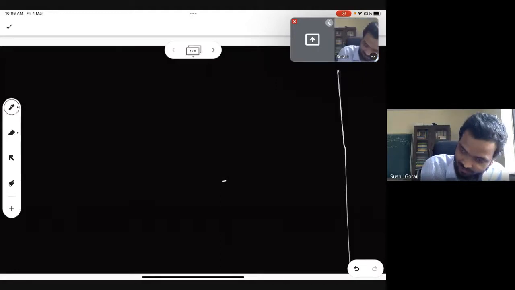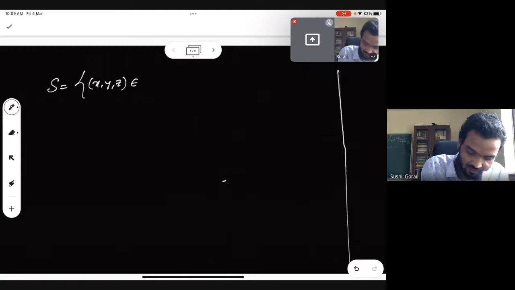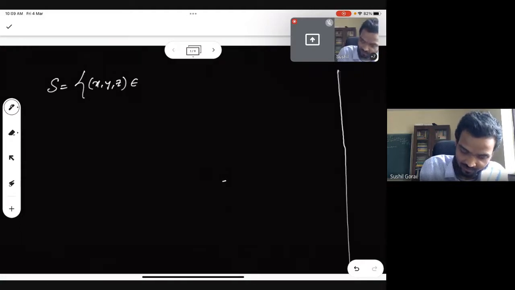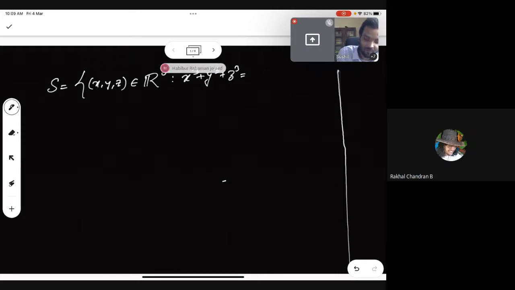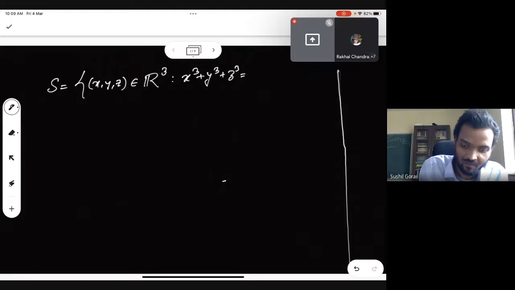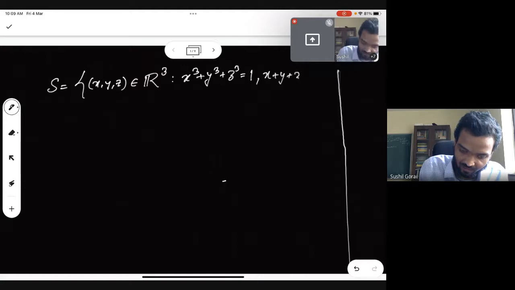The question was: the set of (x, y, z) in R3 such that x cube plus y cube plus z cube is equal to 1, and x plus y plus z equal to 0.